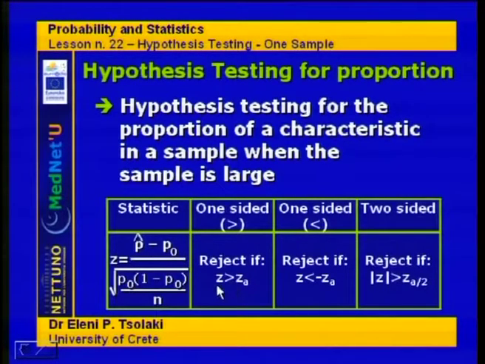We see that for all tests, the only problem is to decide which statistic to calculate and which distribution to compare with, and then it's similar for all tests when we reject for each case. So we see as before the one-sided greater, the one-sided less, or the two-sided.